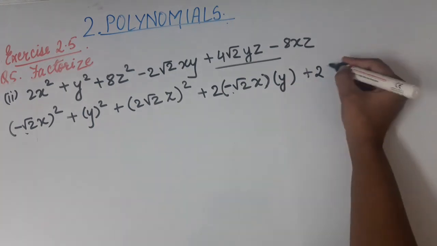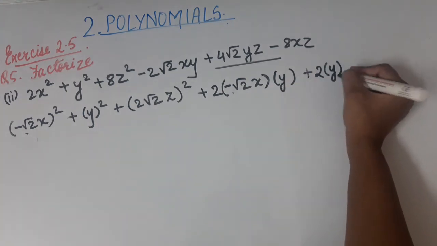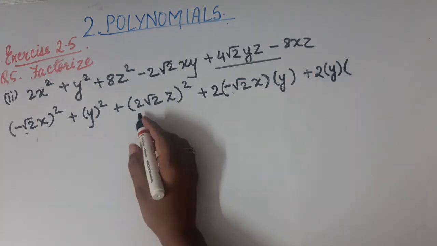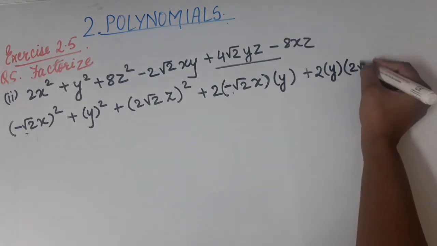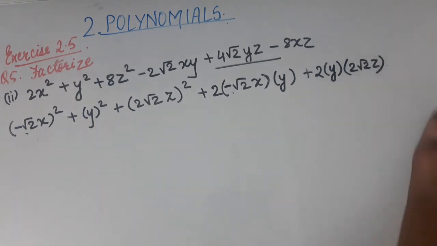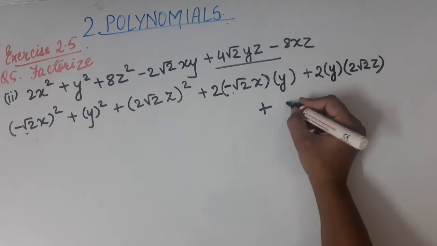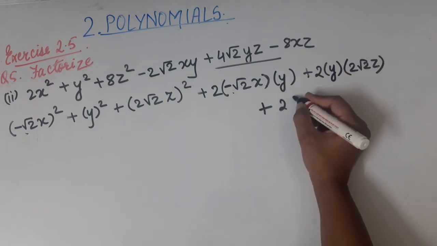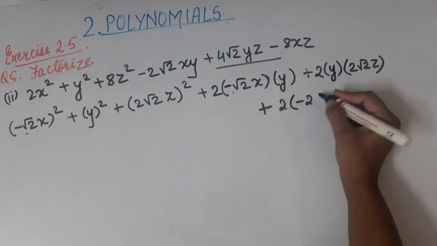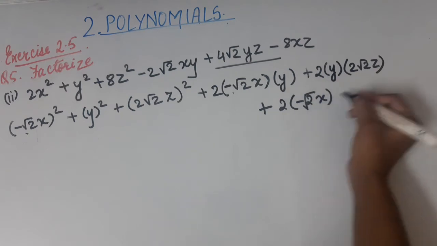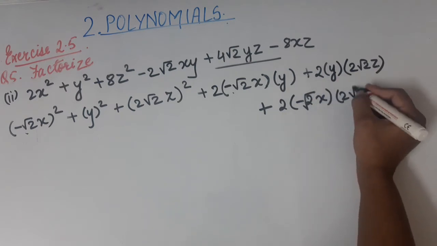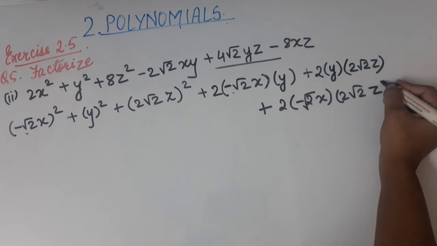B is what? Y. And C is what? 2 root 2 Z. Plus 2 into AC. A is what? Minus root 2x. And C is what? 2 root 2 Z.